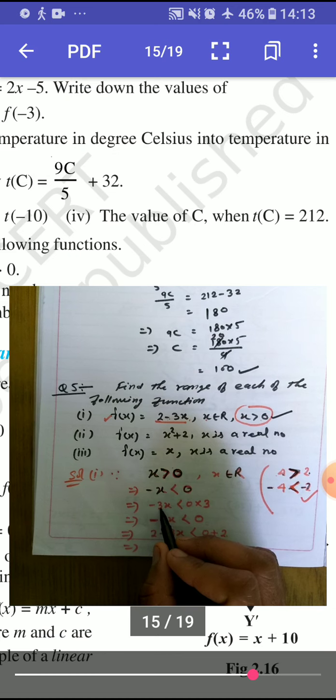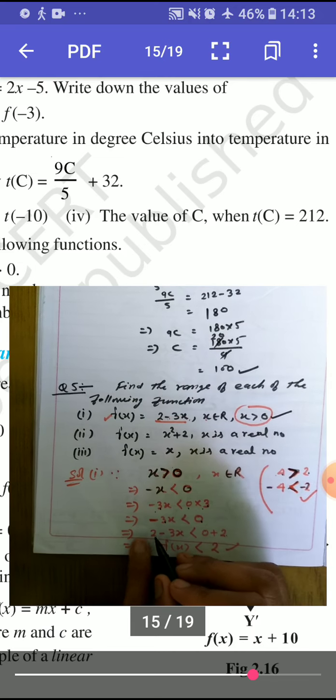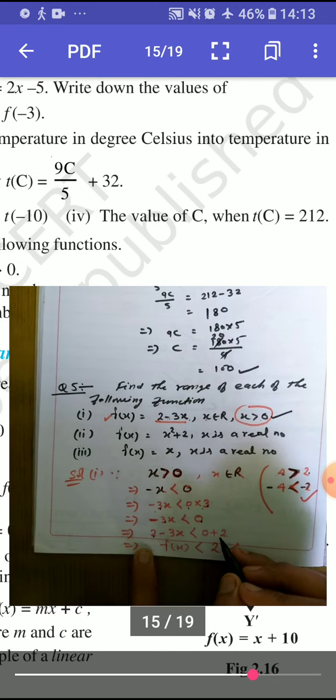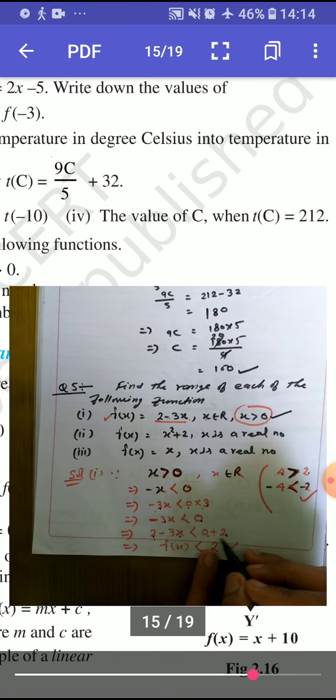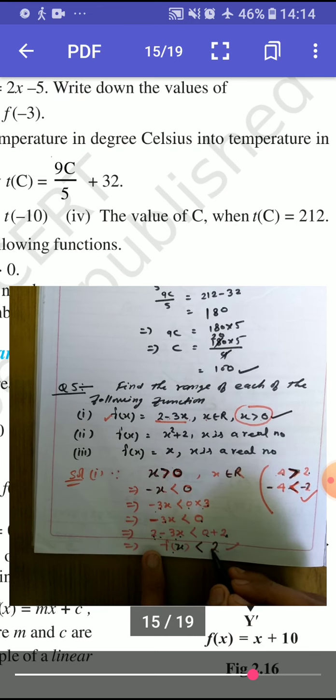Multiplying by 3 on both sides, it will be minus 3x less than 0. Now add 2 on both sides: 2 minus 3x less than 2 plus 0. So 2 minus 3x equal to f(x), f(x) is less than 2.